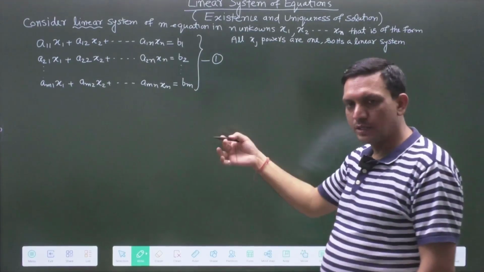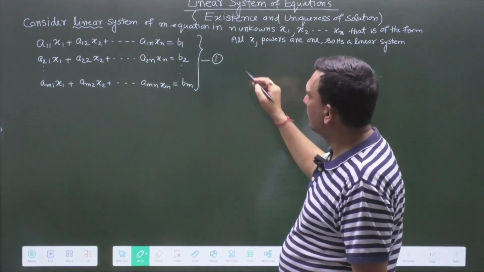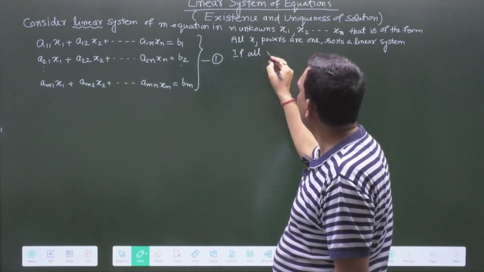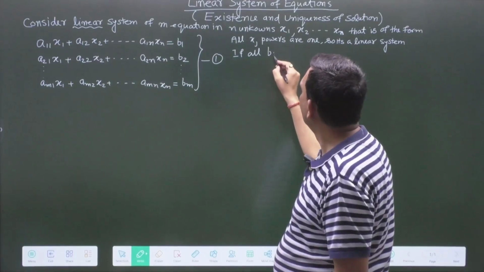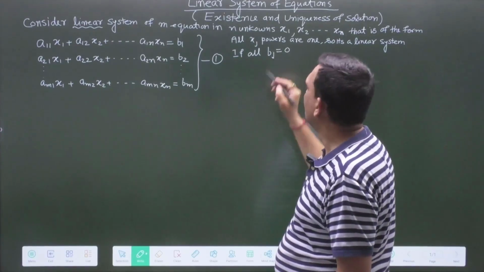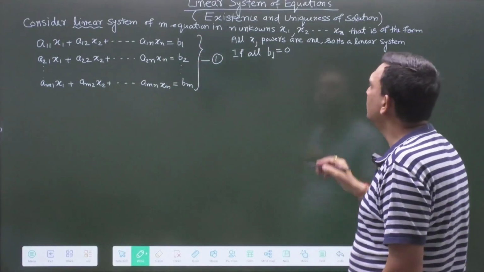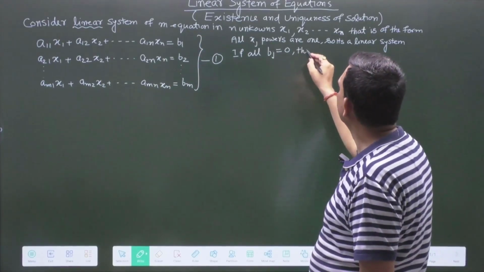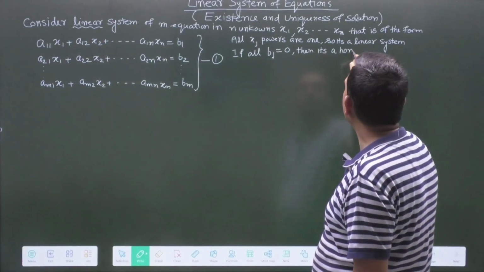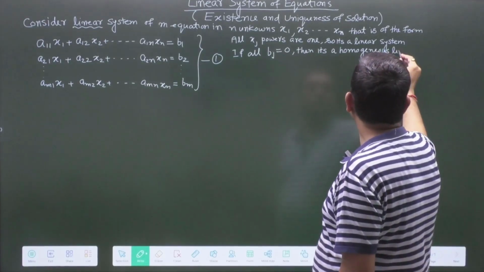Now, if all bj, j from 1 to m, are 0, then it's a homogeneous linear system.